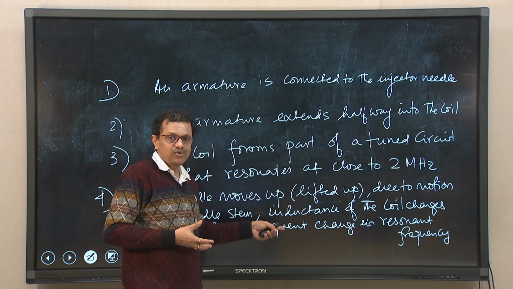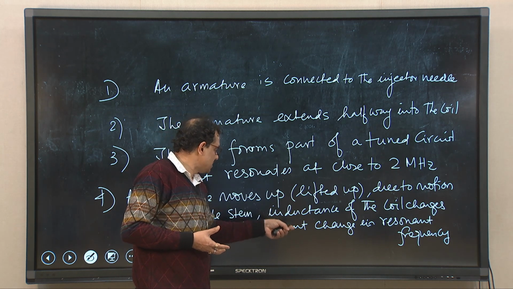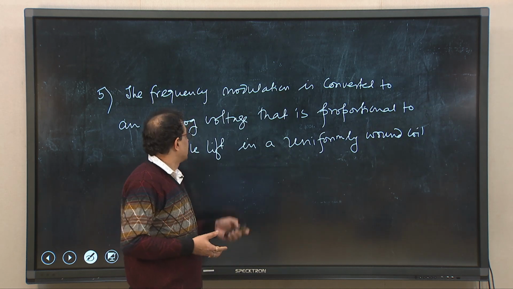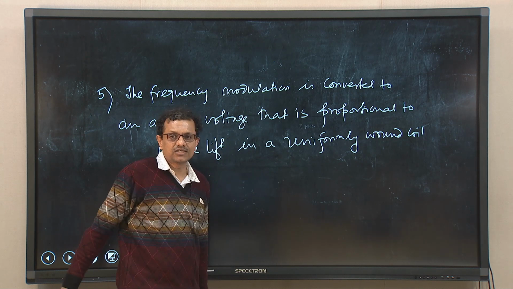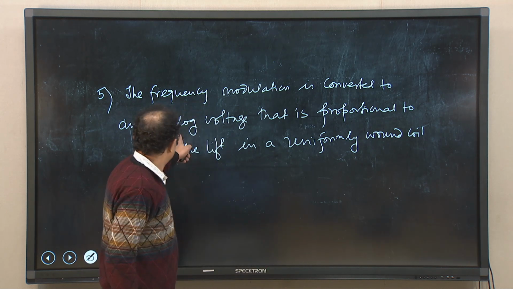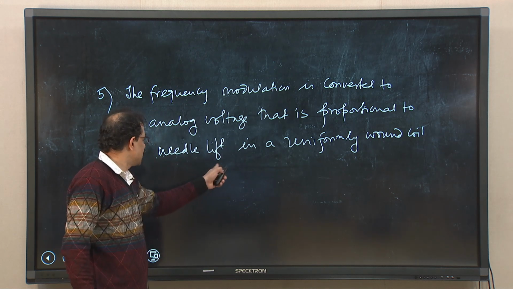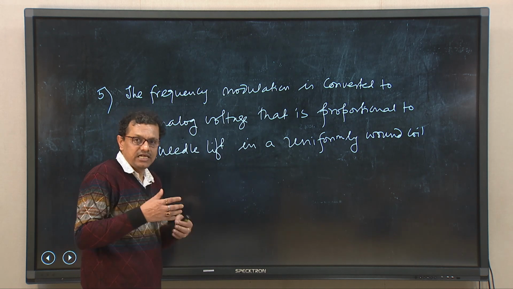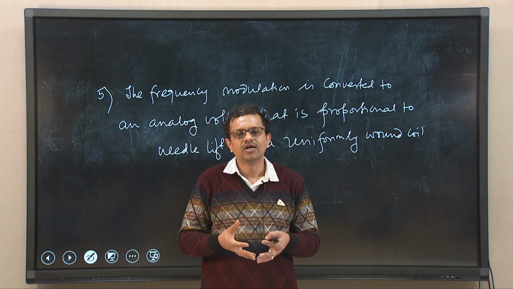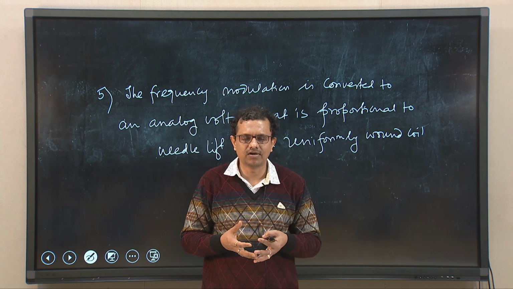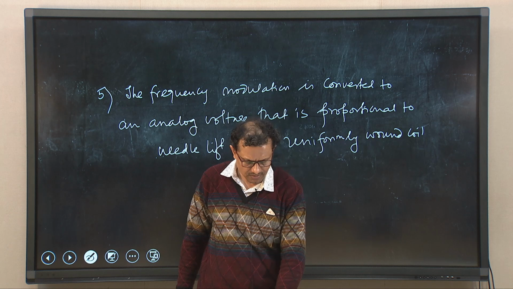When the inductance changes, it results in a change in resonant frequency, and this frequency modulation is converted to analog voltage that is proportional to needle lift. So in a way we are trying to understand how much the needle is lifted by the forcing due to pressurized fuel.